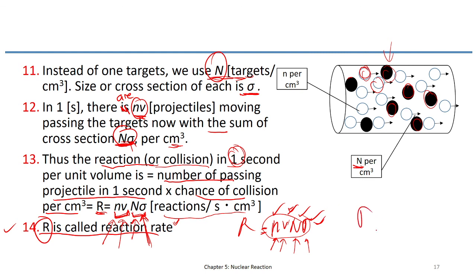Actually, cross section depends on the type of projectiles, on the density, on the type of target, and on the energy of the projectile, or the speed of the projectile.